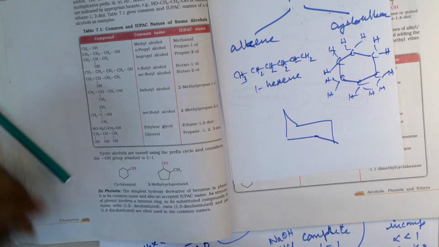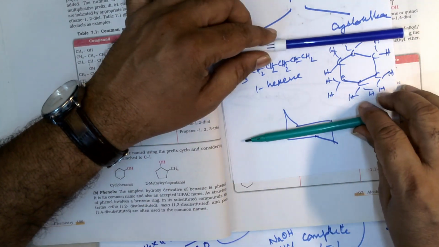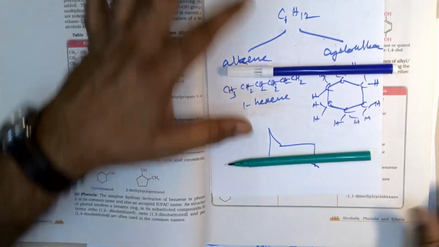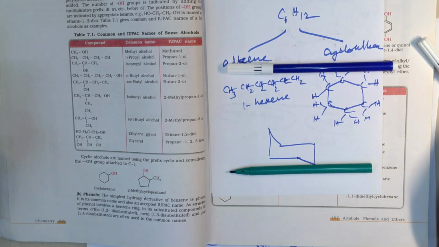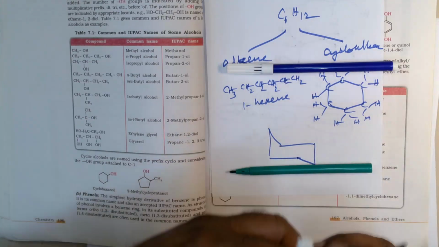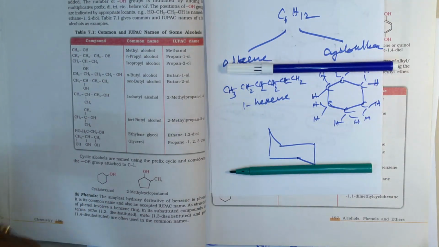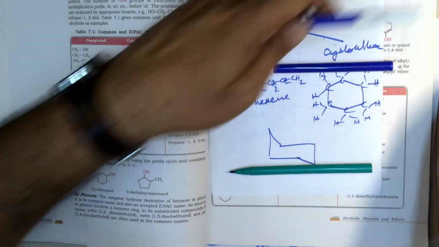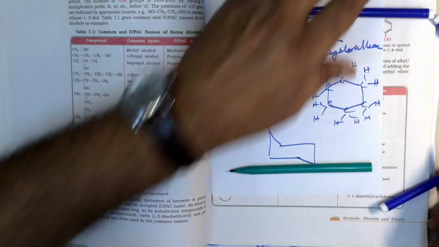See, you can imagine, for example, let me show you. Let me take one part only so that you can understand the other part. So this is the hexane pattern.